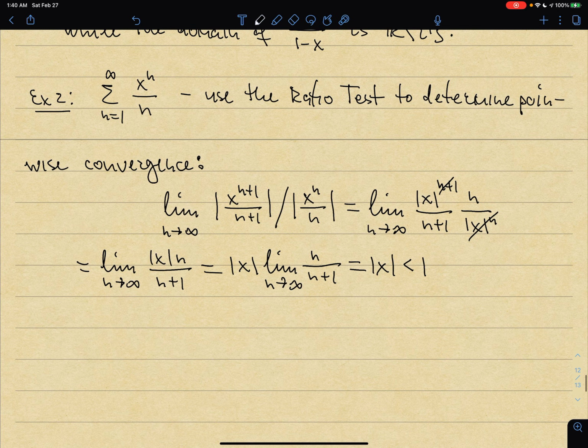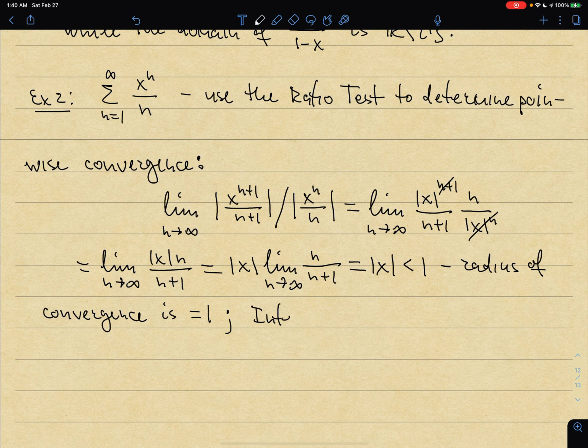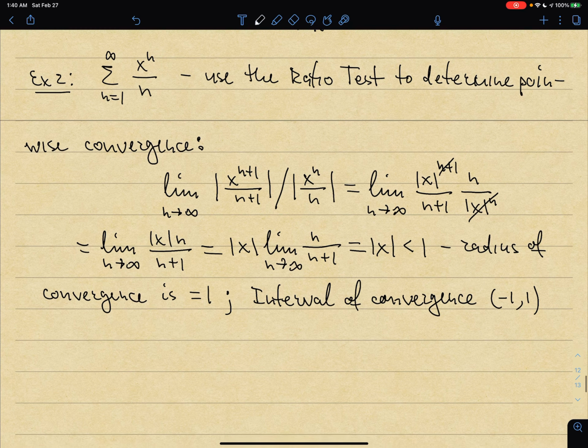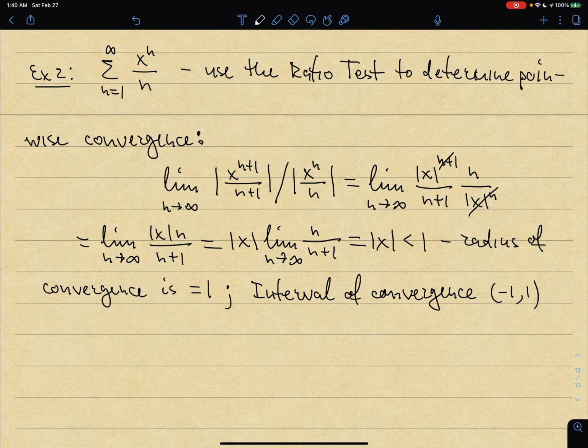So that means from here, the radius of convergence is equal to 1, and the interval of convergence so far is from -1 to 1, right? Because that's what absolute value of x being less than 1 means. Well, but remember that we have one issue.